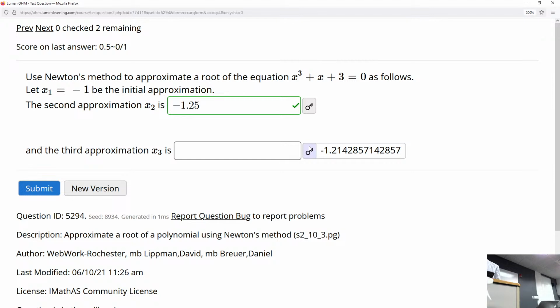Set up. Uh-oh. What just happened? Okay. Almost there.